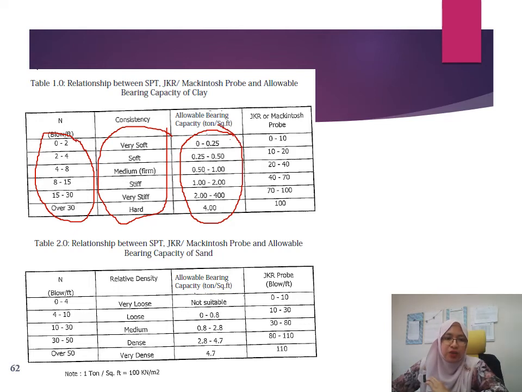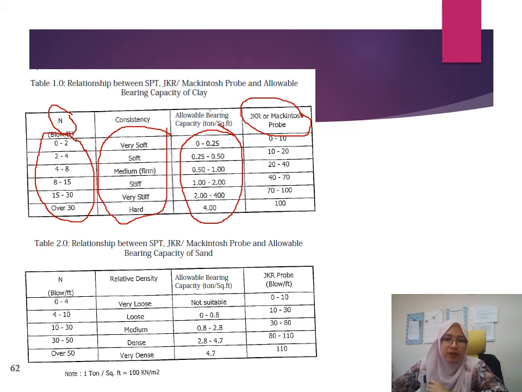This N value is for the standard penetration test, and this is the N value for the JKR or Macintosh probe test. If your number of blows is 0 to 10, your soil will be very soft, and the bearing capacity should be around 0.025.